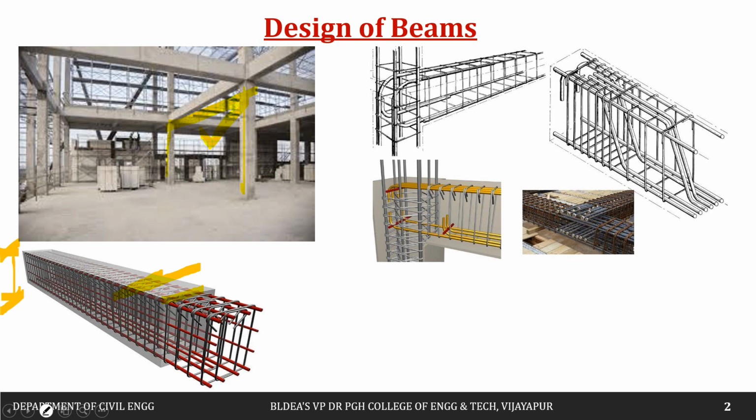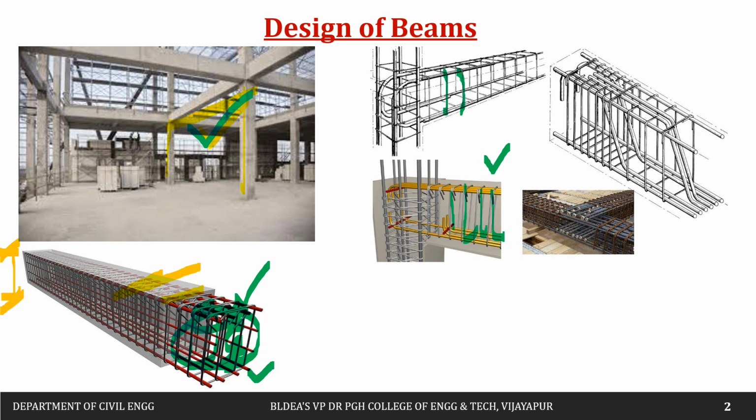And what reinforcement you are seeing here, what reinforcement has to be provided at top, what reinforcement has to be provided at bottom, and what stirrups have to be provided. These stirrups you are seeing in the figure, what has to be provided has to be decided by the structural engineer. He has to design this beam. Length will be fixed.